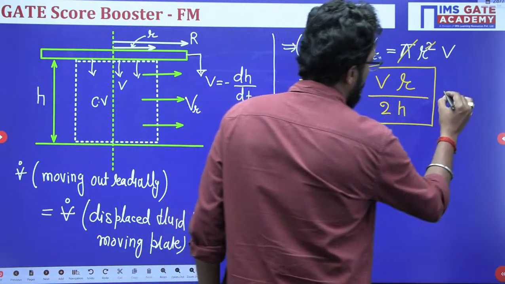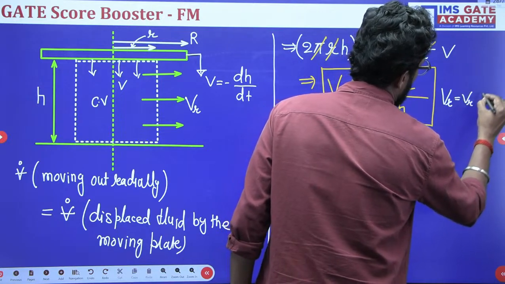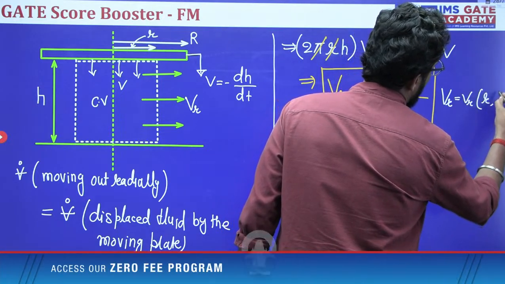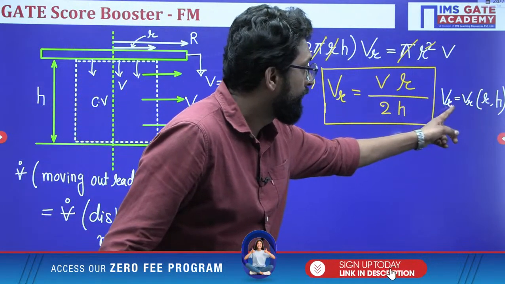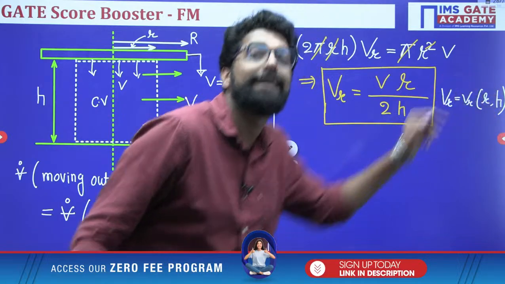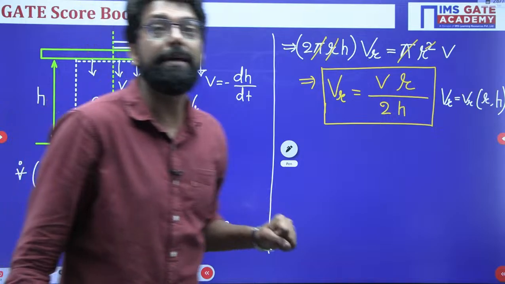So this VR, radial velocity, is a function of R and H. Very important. This radial velocity is a function of R and H variable.